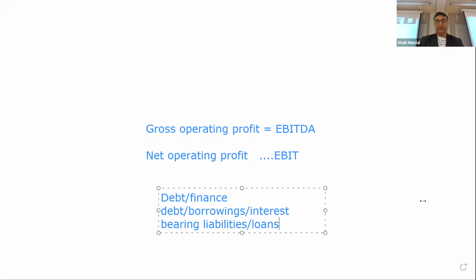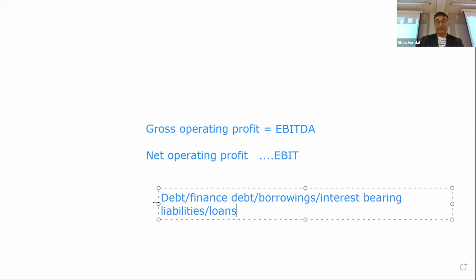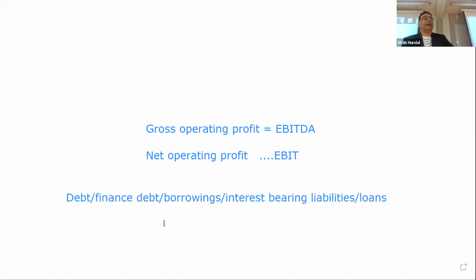These are the various terms, or maybe some other terms which I have not taken into account. These are the phrases that we often use to denote the finance debt that we need, the debt capital, okay? So debt, just debt, finance debt, borrowings, loans, or sometimes we call them interest-bearing liabilities.